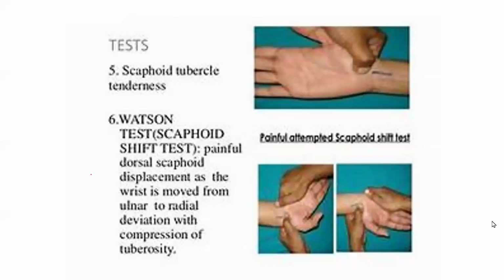What about this test? The Watson test, the scaphoid shift test, is a painful dorsal scaphoid displacement as the wrist is moved from ulnar to radial deviation with compression of the tuberosity.